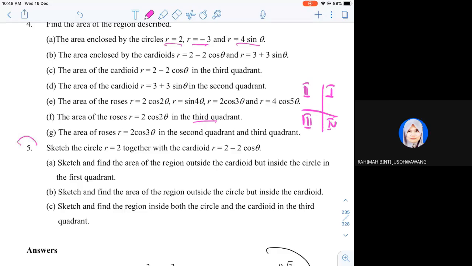Okay, let's do question number 5. It has combinations.